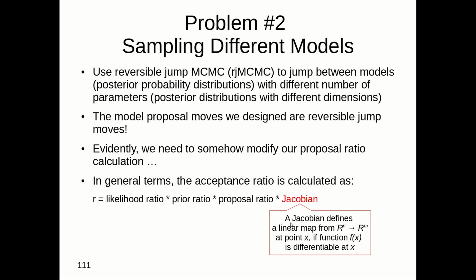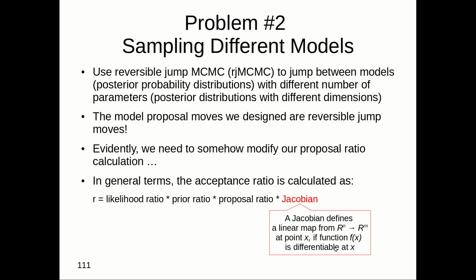I will spare you the details, but the Jacobian transformation defines a linear map from R to the power of n, the vector space of real numbers with n components, to a vector space of real numbers with m components at a certain point x, if the probability density function f is differentiable at x.